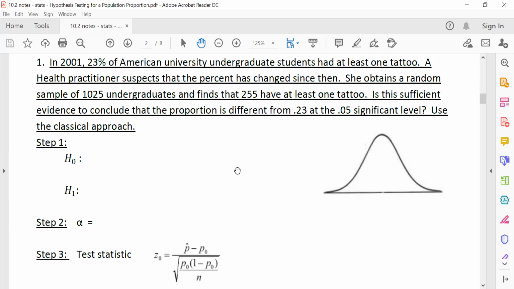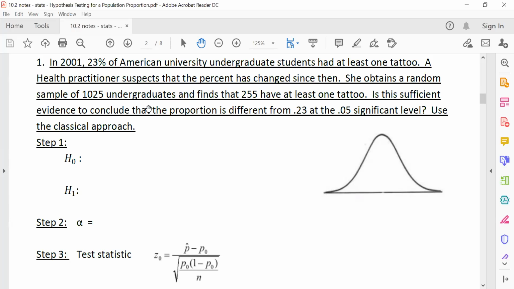She obtains a random sample of 1,025 undergrads and finds that 255 have at least one tattoo. Is this sufficient evidence to conclude that the proportion is different from 0.23 at an alpha of 0.05, a significance level of 0.05? Use the classical approach.